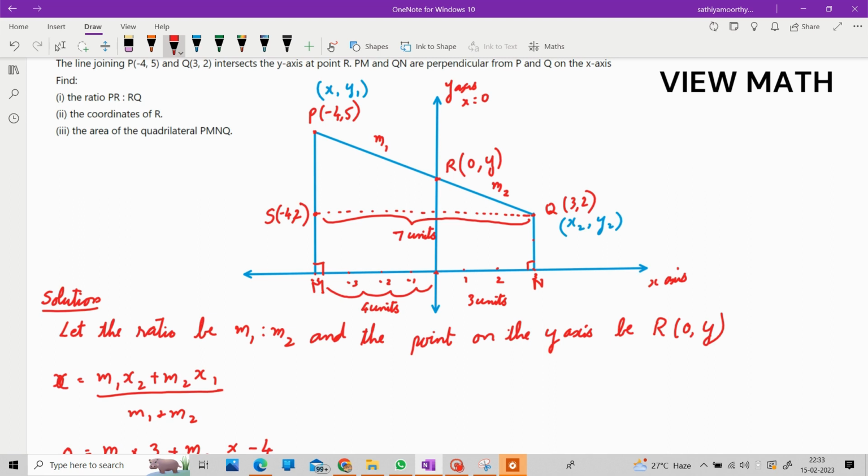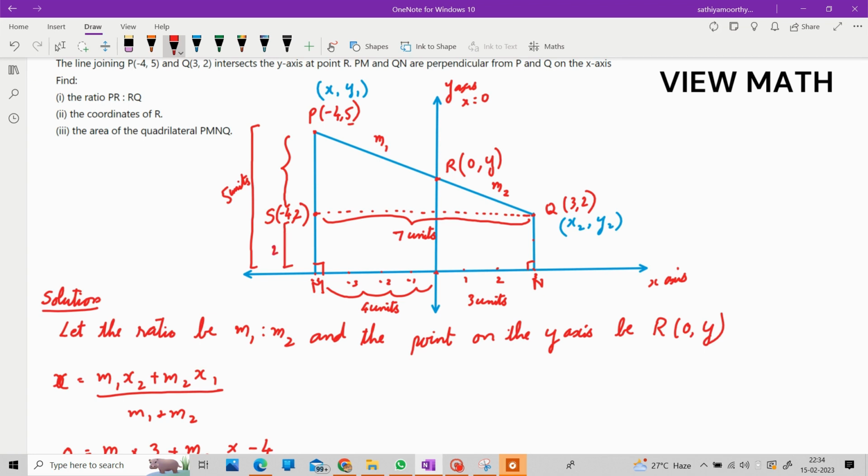Now let me find out the height of the triangle. This height I have to find out. I know the total height. This is the height of the PM. PM is nothing but the y-axis. It is 5. So from here to M it is 5 units. Now from M to S, it is 2 units.